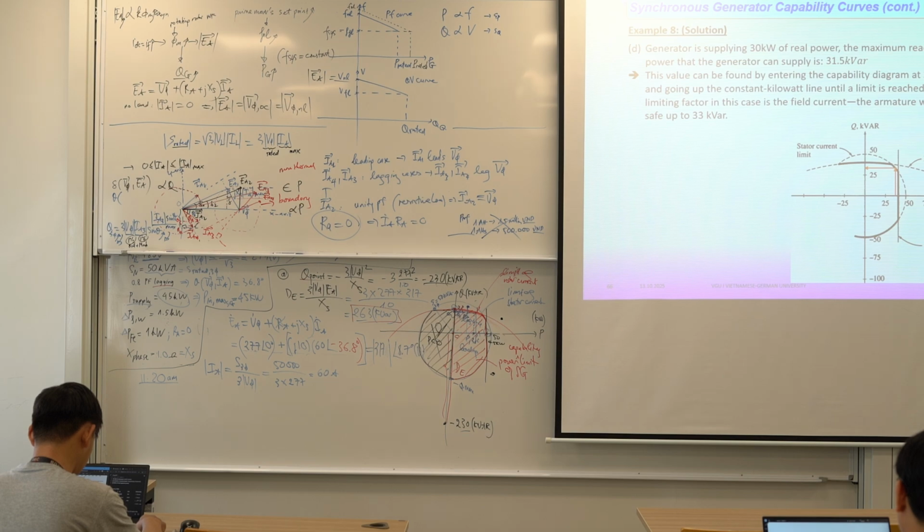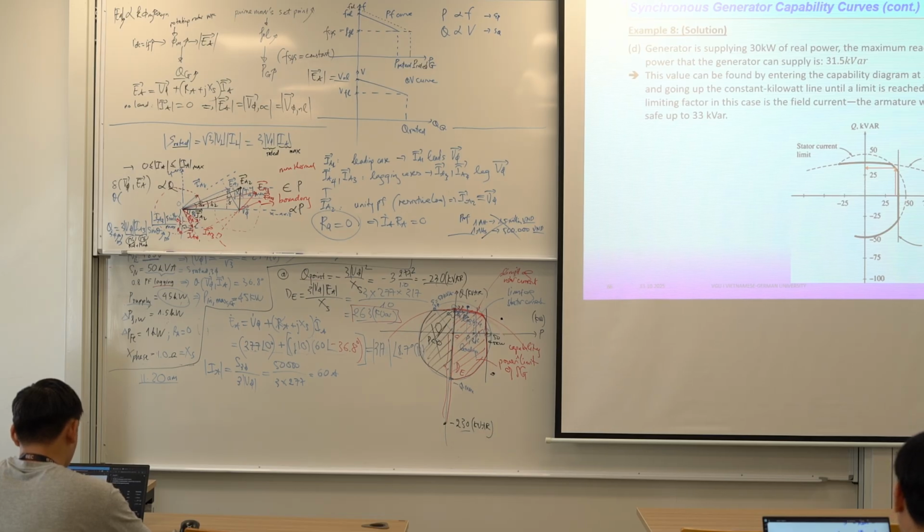We don't know this one, we don't know this one. So at least we should have the information for IA, and then you can calculate QG. But now we don't have IA, so just skip it. We just use the power capability limit curve, then we get a value of QG.